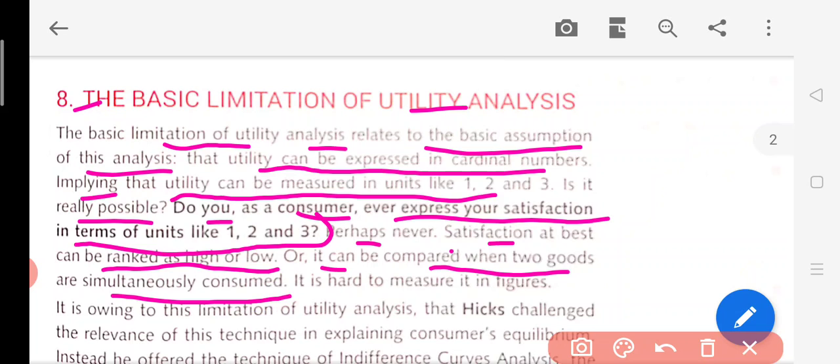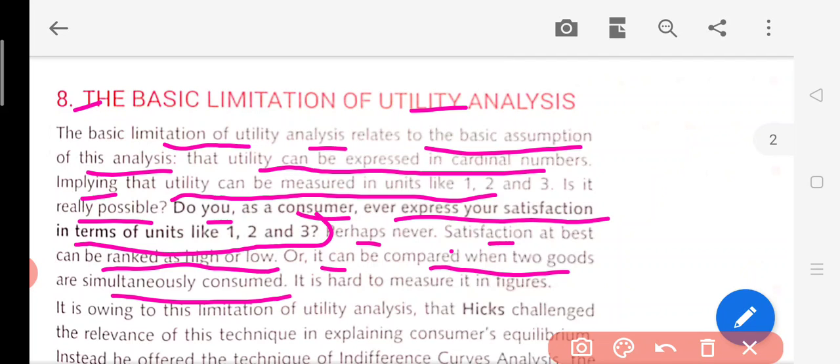Suppose you are purchasing two different types of shoes. Definitely in one shoe you will be more satisfied. Suppose you have a desire for two shoes and you purchase one sport shoe and one formal shoe. It may be possible that your choice was towards sport shoes and you got more satisfaction from sport shoes than from the formal shoes, but you had to purchase both, and the satisfaction or utility provided to you is different in both cases.